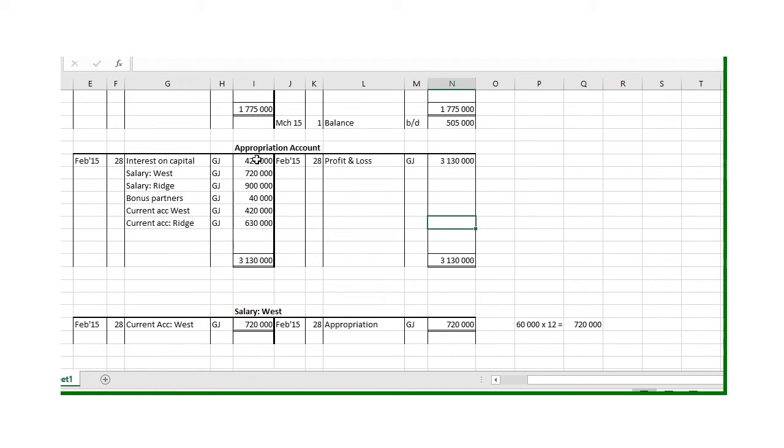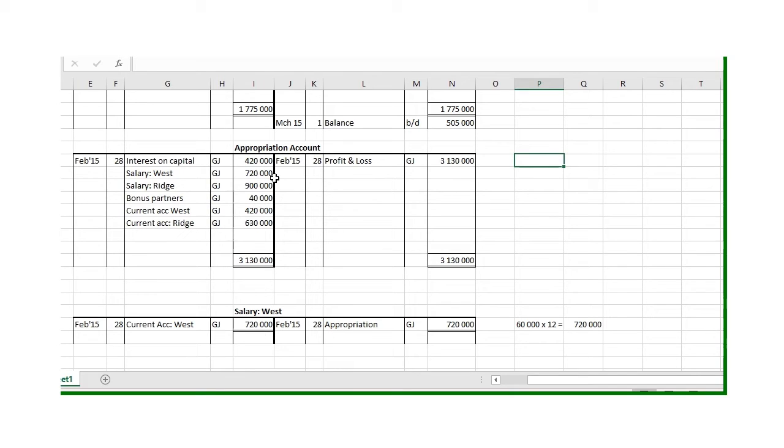How we will then do it: we will add up everything we've got so far, which is the interest, the 2 salaries, and the bonus. If they told me the profit was 3,130,000, I have to add up whatever I've got so far, because remember, I won't have this last bit. I must now calculate it.